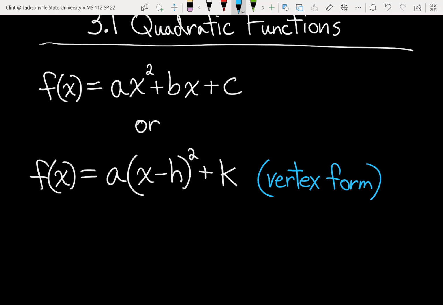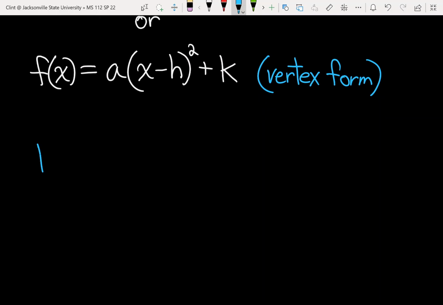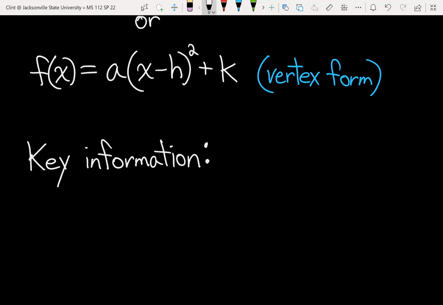So with a linear function, the two main things we want to know about them are their slope and their y-intercept. That's our focus with linear functions, because then if we know slope and y-intercept, we can draw in the graph and figure out everything else we want to know. With quadratic functions, the key information, if you will, is something called the vertex.